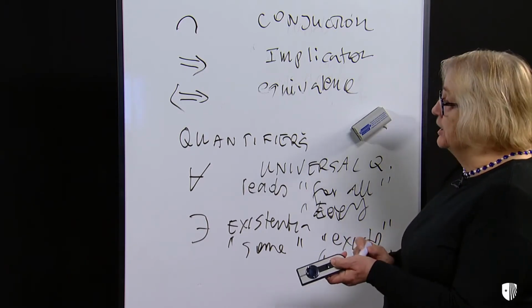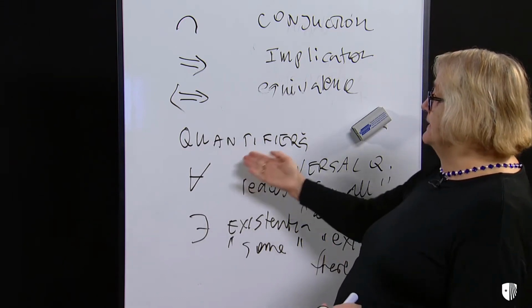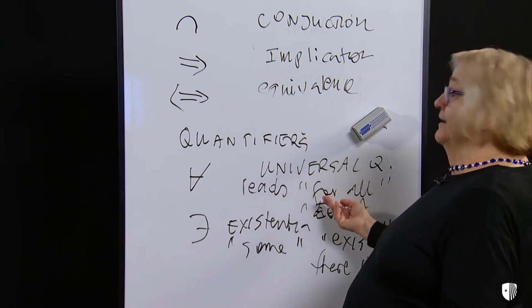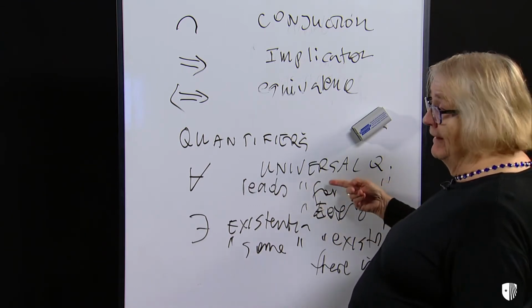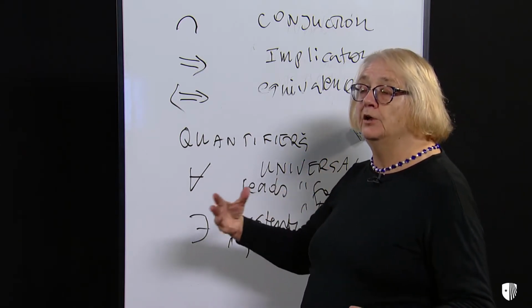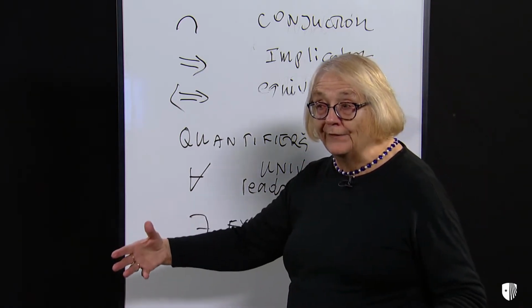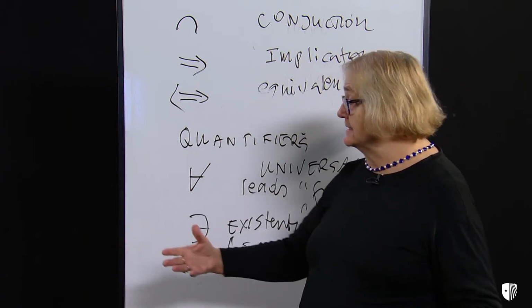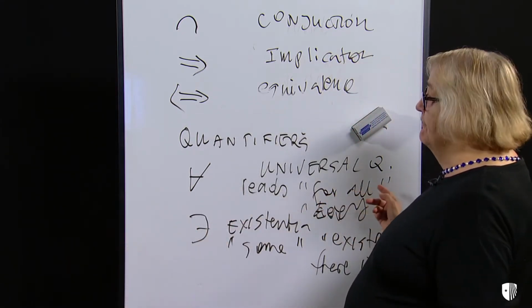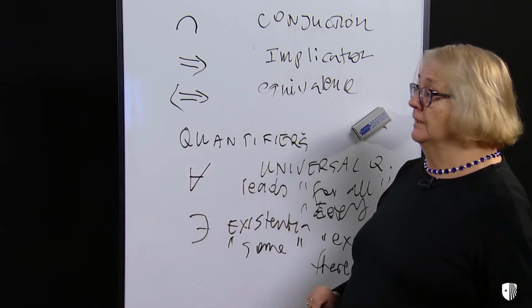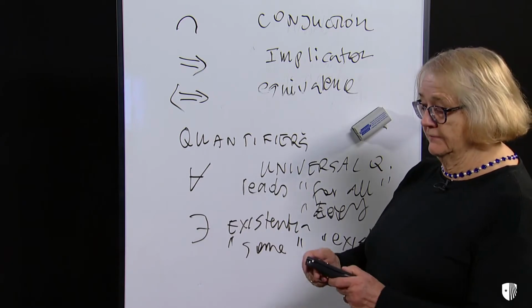So I say, here is the symbol, this is how you read them. If you want to build your logic model of your natural language phrases or sentences, and you say "for all," you replace it by the symbol of the universal quantifier.